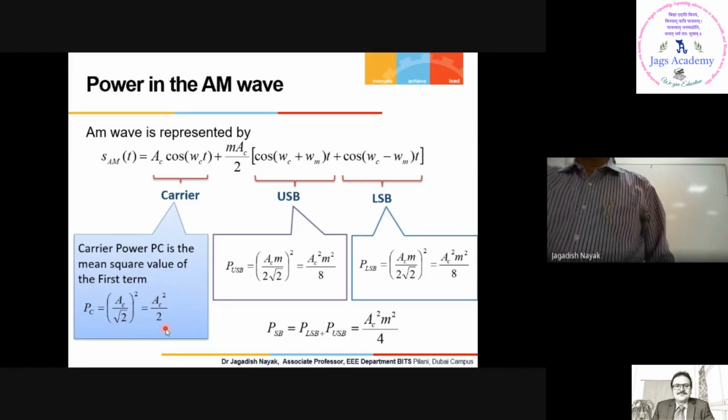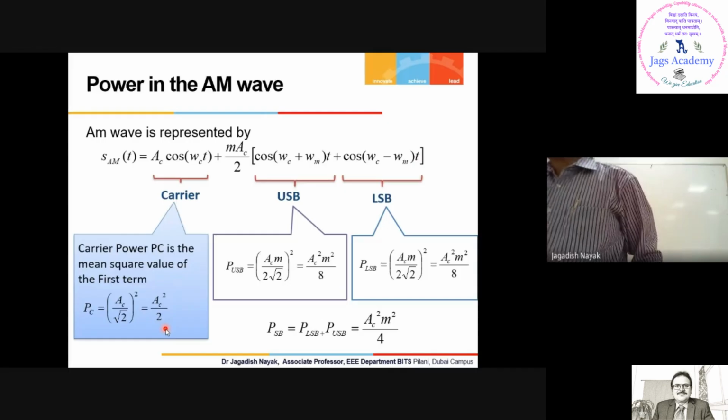We are actually trying to dissipate this S_AM(t) into a resistance of R equal to 1 ohm. The power is V_C square by R, actually by 2R. Considering R to be 1 ohm, the power in this component: why is it A_C by root 2?